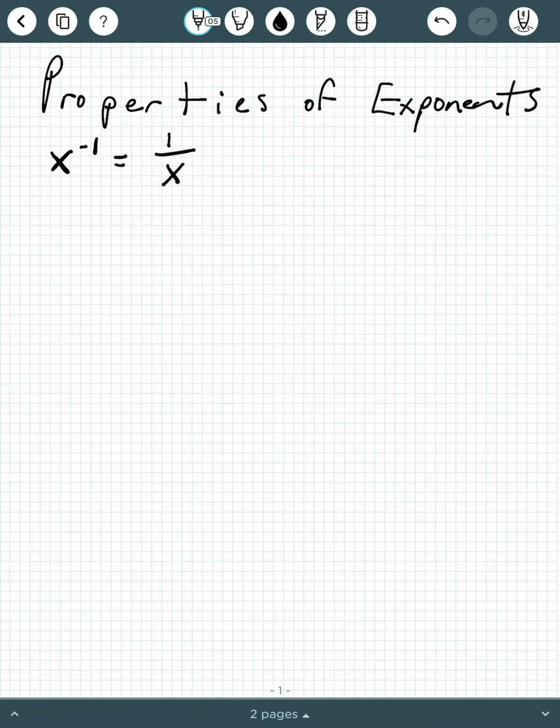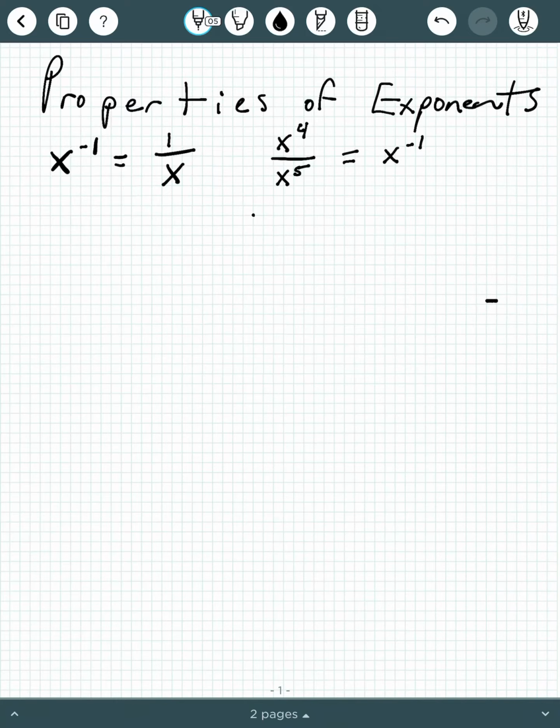We proved that to ourselves using different examples. We would say, okay, what if we had x to the fourth over x to the fifth? Well, if we use our shortcut of subtracting the exponents, which is what we do when we divide, we'll see that we have x to the negative first, because 4 minus 5 is negative 1.